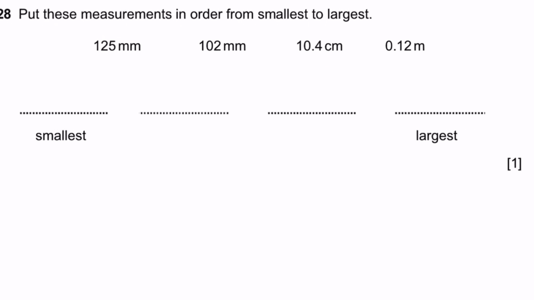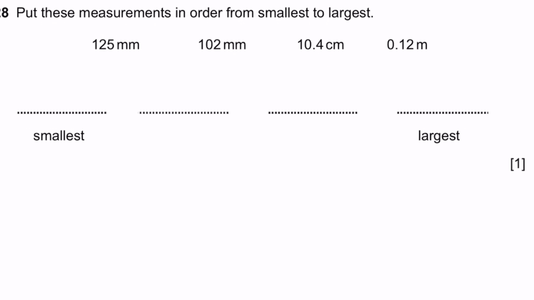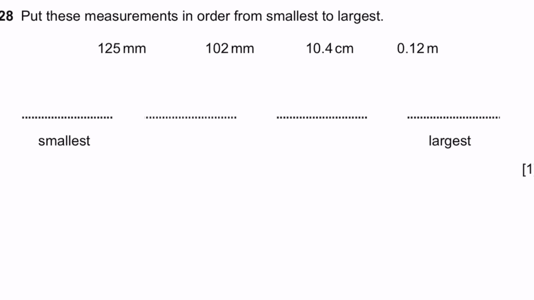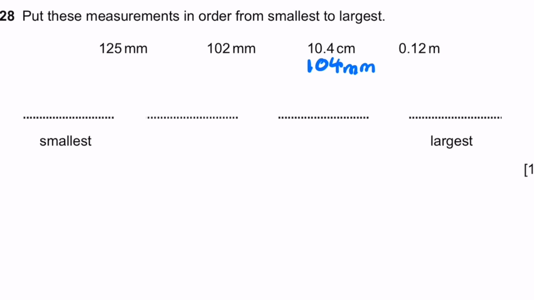Question 28. Put these measurements in order from smallest to largest. I'll convert all of them to millimeters. 10.4 centimeters is 104 millimeters. And 0.12 meters is 120 millimeters. So we'll order them from the smallest to the largest.